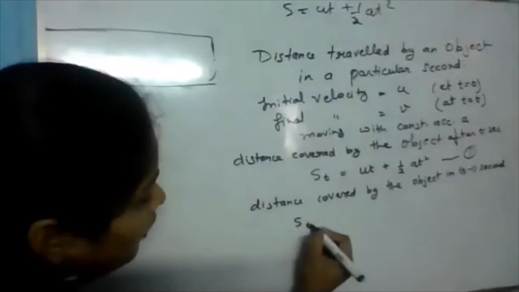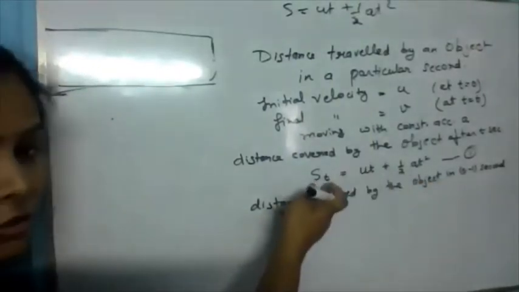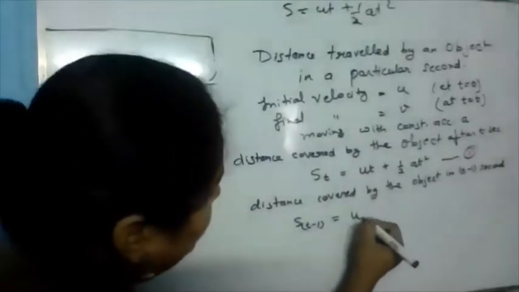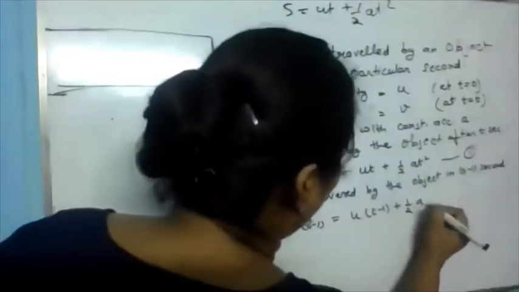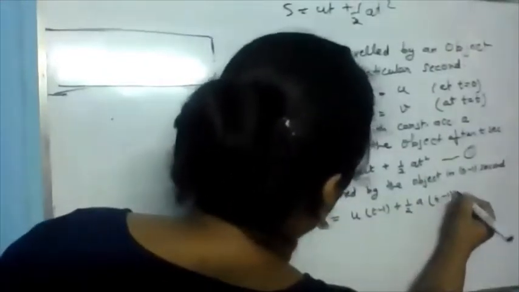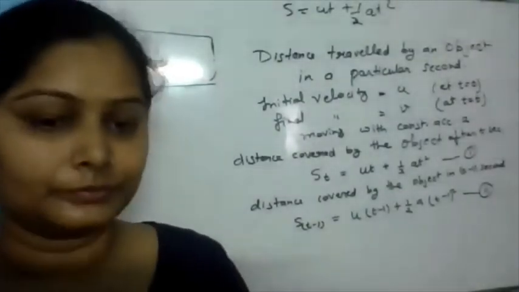We can write the formula like this: just place t minus 1 in the place of t, so S(t minus 1) equals u(t minus 1) plus half a (t minus 1) whole square. This is your second equation. Is there any problem in the second equation?